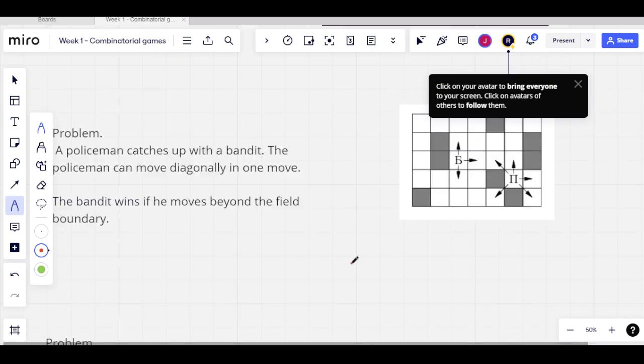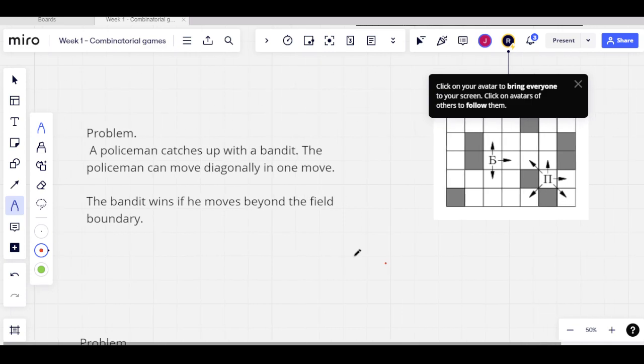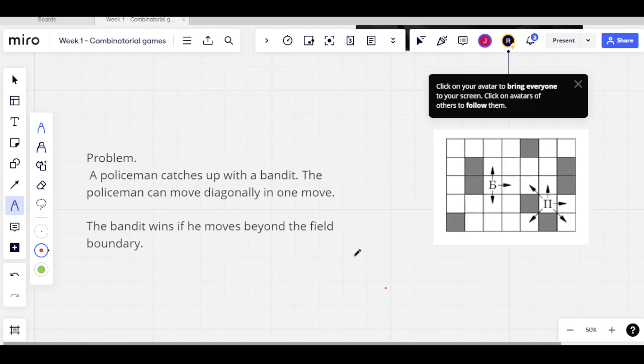The next problem: we consider a table, and we have a policeman and a bandit. The policeman can move diagonally, up, down, right, and left, and the bandit can move only up, down, right, and left.